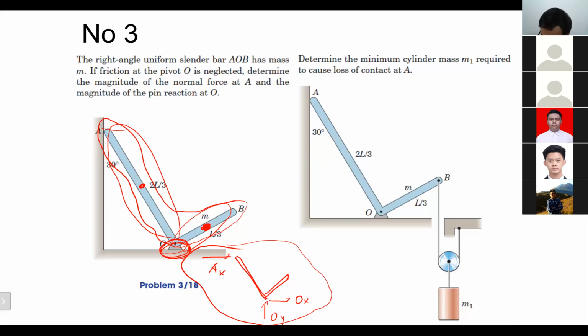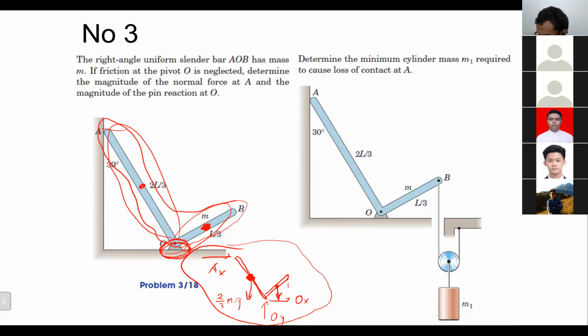Then what else do you have to draw? The gravitational force. Here, there is a gravitational force going downwards. Here, there is a gravitational force going downwards. What is the value there? The left-hand side is 2/3 of the mass times gravity, so 2/3 m multiplied by gravity, right? Yes.